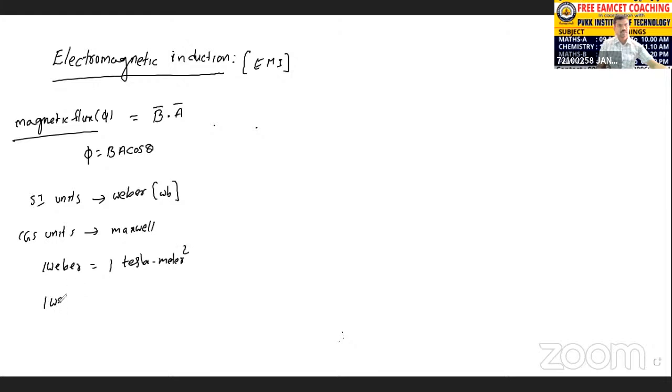So 1 Weber is equal to 10 power of 8 Maxwell.